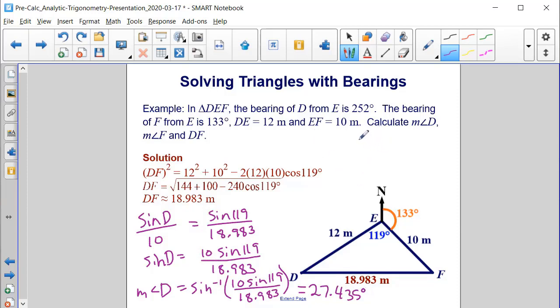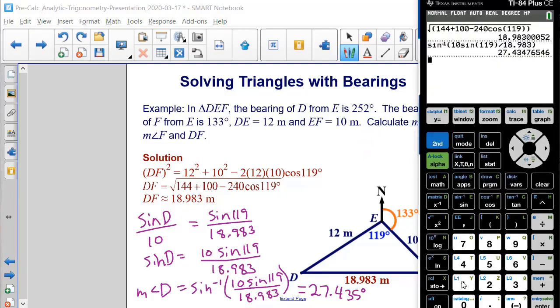And when we do that, we'll end up getting 180 minus 119 minus 27.435, which is 33.565 degrees.